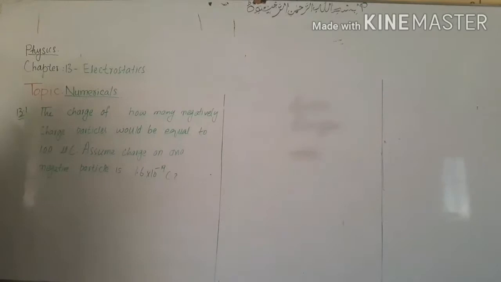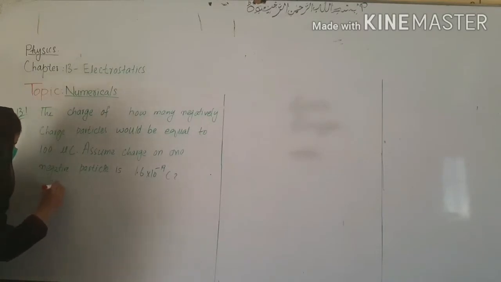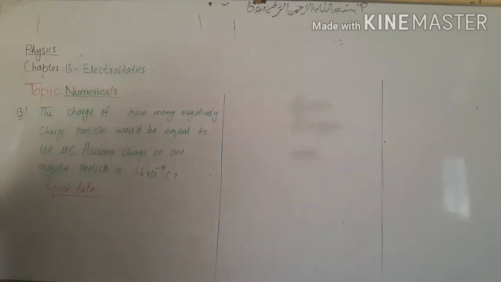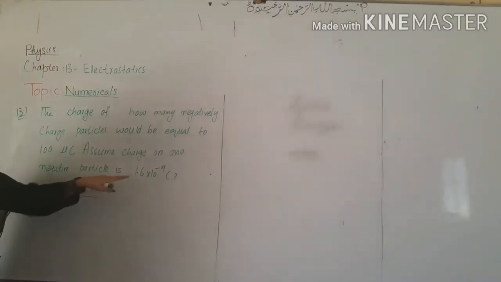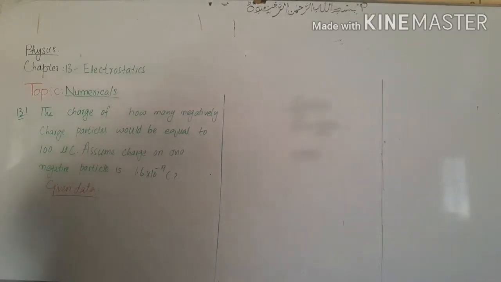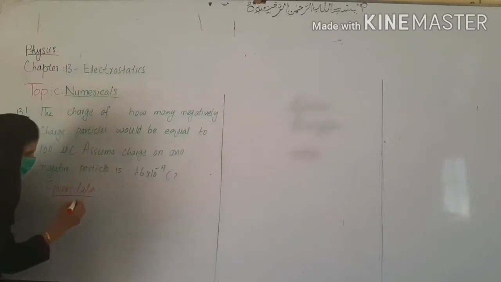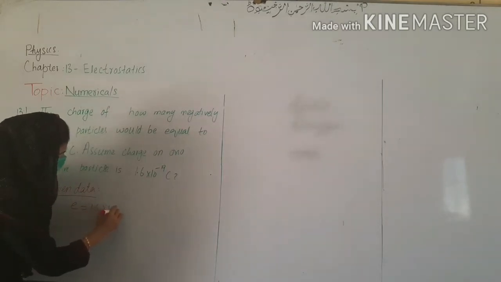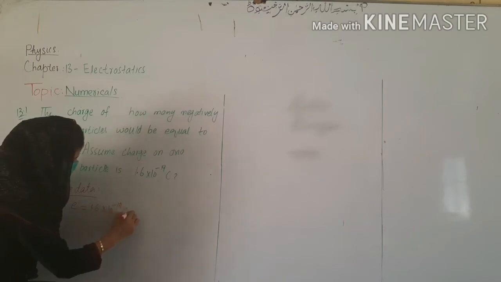According to this statement, the given data will be as follows. The charge on one single negatively charged particle, that will be e, is equal to 1.6 multiplied by 10 to the power minus 19 coulombs.